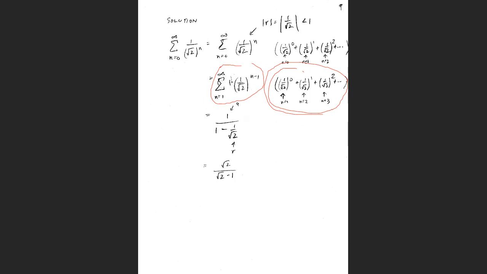Okay, so here's some terms of the series. And the series has a finite sum. Absolutely amazing. You're adding an infinite number of numbers, and adding those infinite number of numbers gives you a finite sum.